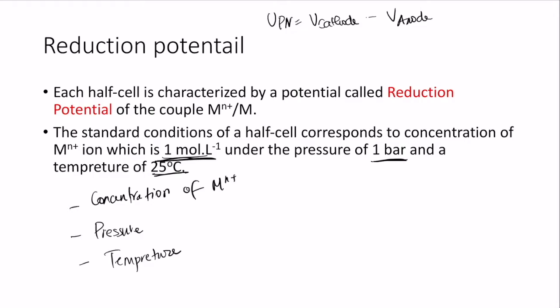So, to sum up, the electromotive force or the potential difference of the cell depends on, first, the reduction potential of the half cell, and second, on these three conditions: the concentration of Mn+, the pressure, and the temperature. To solve these three problems, we said that the standard conditions of the half cell should be 1 mole per liter, 1 bar for the pressure, and 25 degrees Celsius for the temperature.